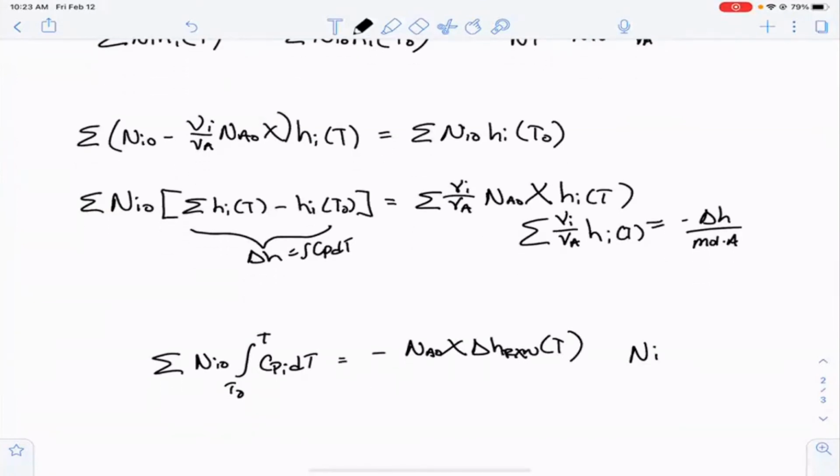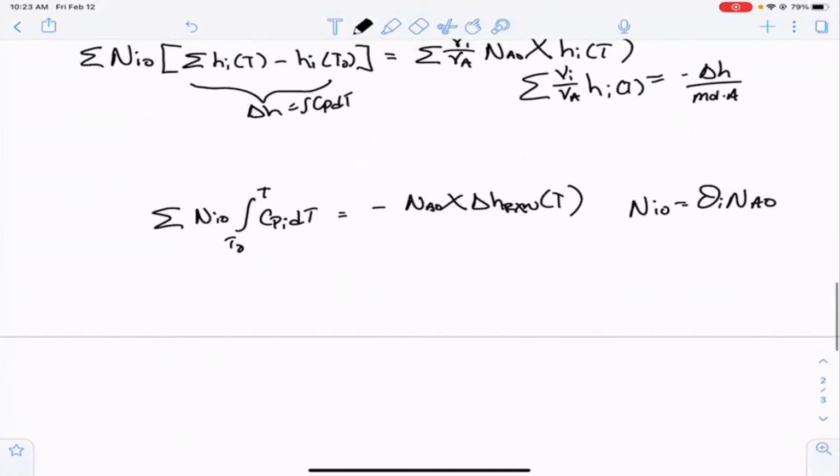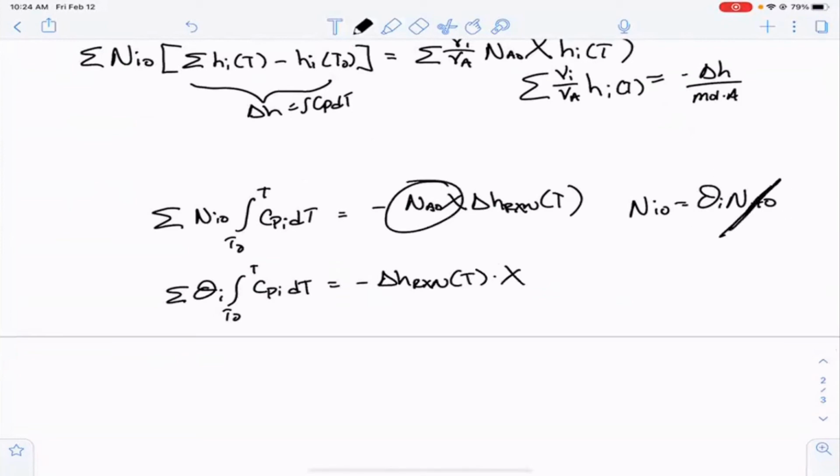And I can redefine Ni0 as theta i times Na0, just like we did before. And then this equation just becomes the sum of theta i times the integral from T0 to T of Cpi dT equals minus delta H of reaction times the conversion. And of course, once I made this substitution, this Na0 canceled with that one, okay?